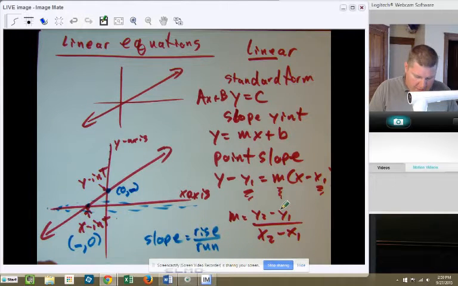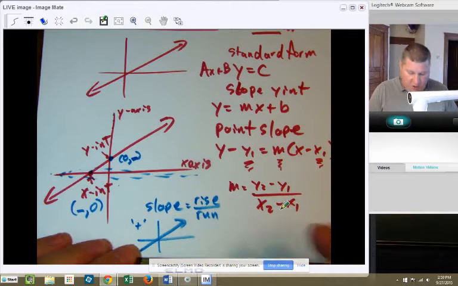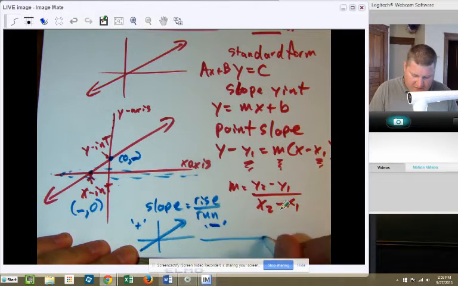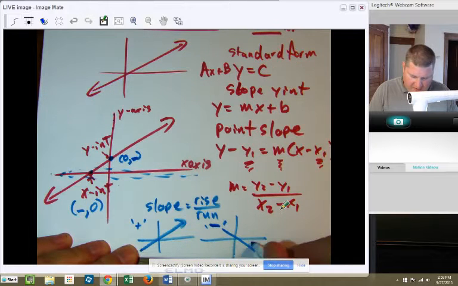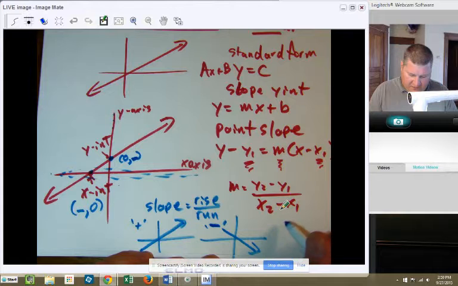Now, slope can either be positive, which means from left to right, it rises. Slope can be negative, which means from left to right, it falls. Or, of course, you can have two other situations.